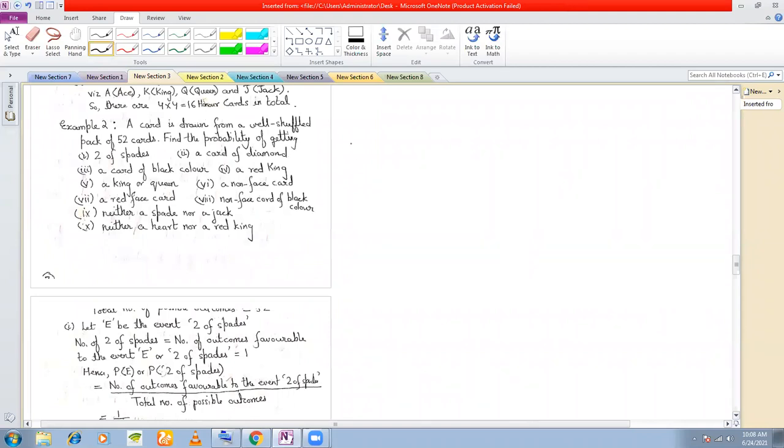First of all, since the total number of cards is 52, the total number of possible outcomes has to be 52, right? Because you are drawing a single card, and there are 52 cards, so you can draw in 52 ways.